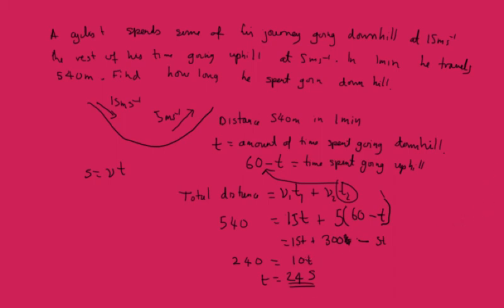Now, it's really important when you're doing these types of questions to think about whether your answer makes sense. This answer makes sense. It makes sense that you could be cycling downhill for 24 seconds. Always look at the question, look at what you get, and if it's sensible, because these are going to be the kind of questions that will be taken from real life.